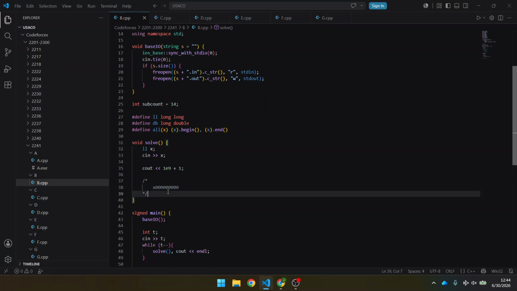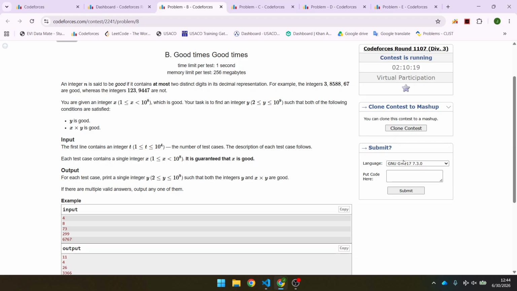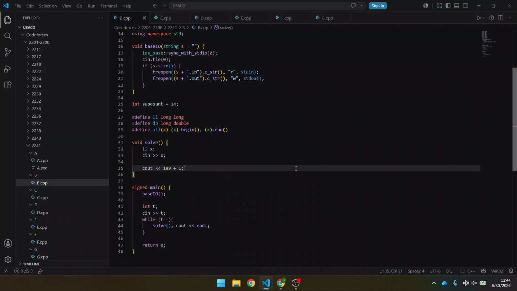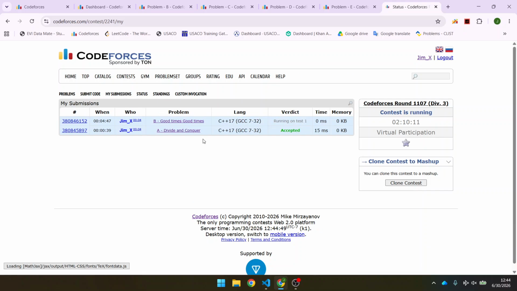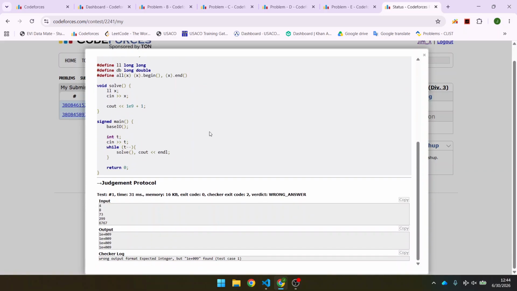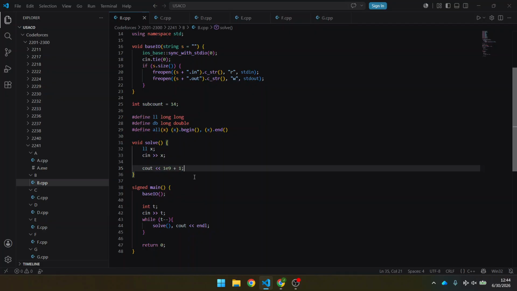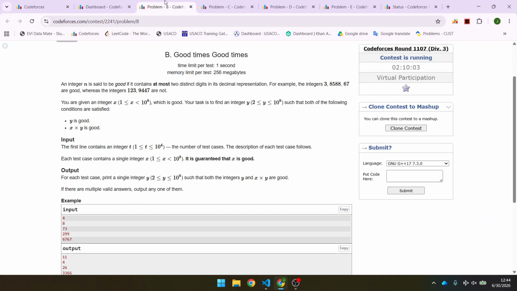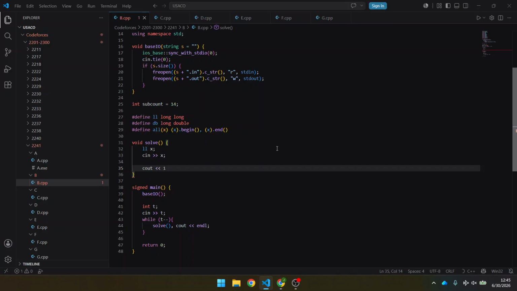But there are 9 zeros and x is only up to 1e8. Wait, y can only be, what's the maximum? So 1e8 plus 1. 1, 2, 3, 4, 5, 6, 7, 8.